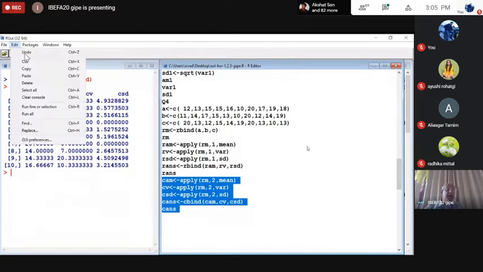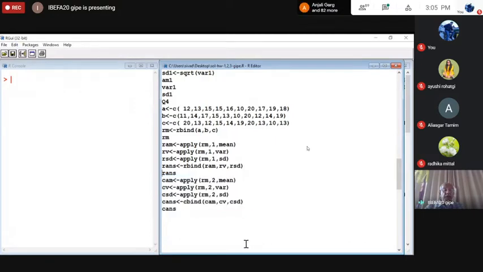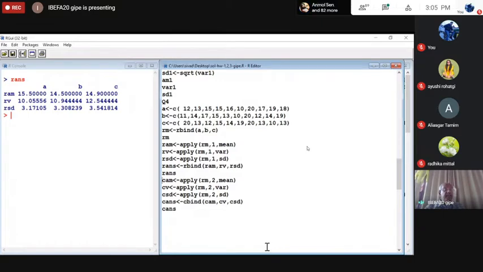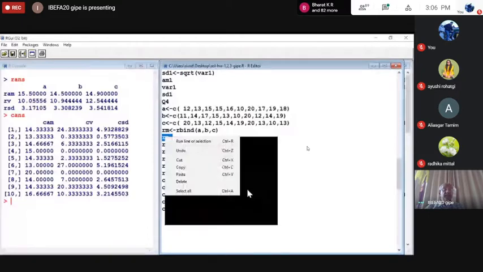If I do R, A, and S, I get division-wise. If I go for C, A, and S, I get student-wise. Because my matrix is 3 rows, 10 columns.